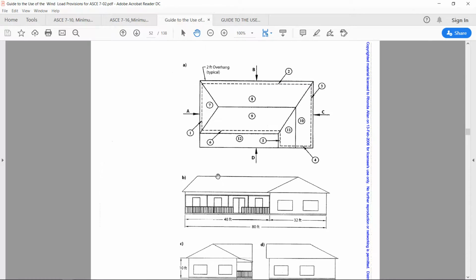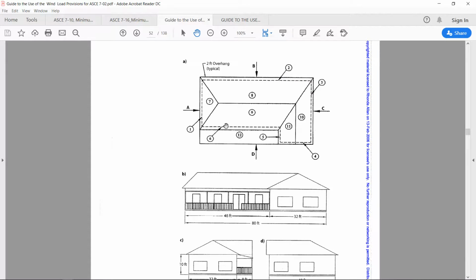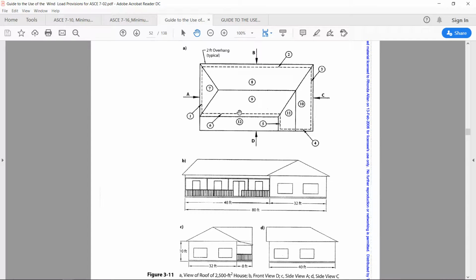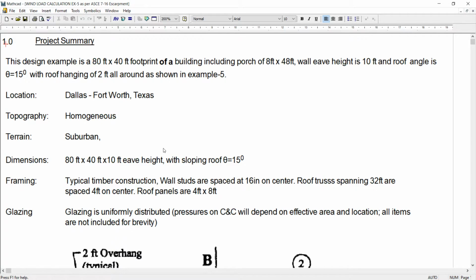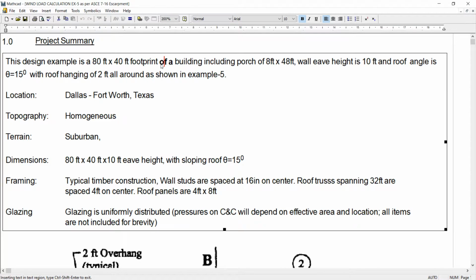So with all this information, I'll show you how to calculate the wind load for this building as per ASCE 7-16, not ASCE 7-02. So what I did, I took the same example and generated a MathCAD sheet to calculate the wind load for this building.